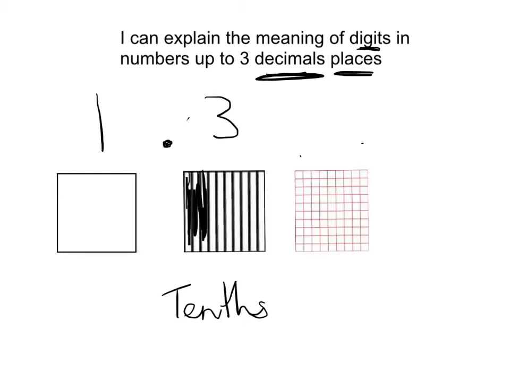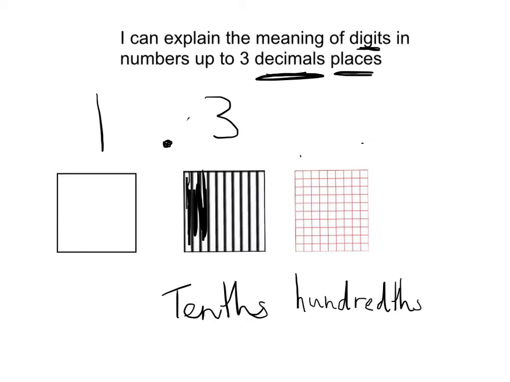As you can see, we now have this here, and we've split our whole up into 100 different pieces. Or if you like, we've made each of these tenths into 10 pieces. So this value becomes a hundredth. Or if you like, 100 of these are what is needed to make one whole.